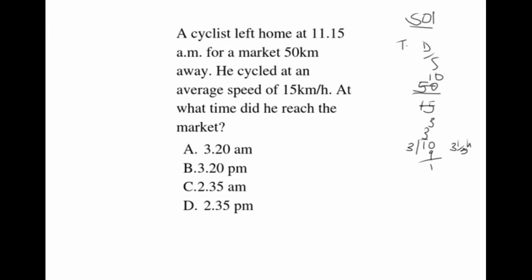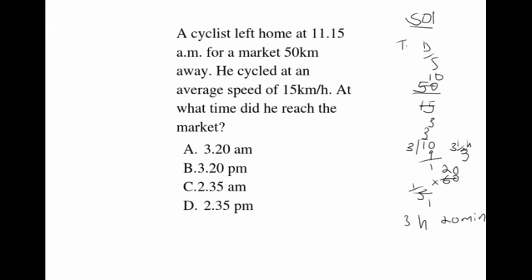Let us look at how many minutes 1 over 3 hours is. 1 over 3 times 60. 3 divided by 3, 1. 60 divided by 3 is 20. So he took 3 hours 20 minutes.